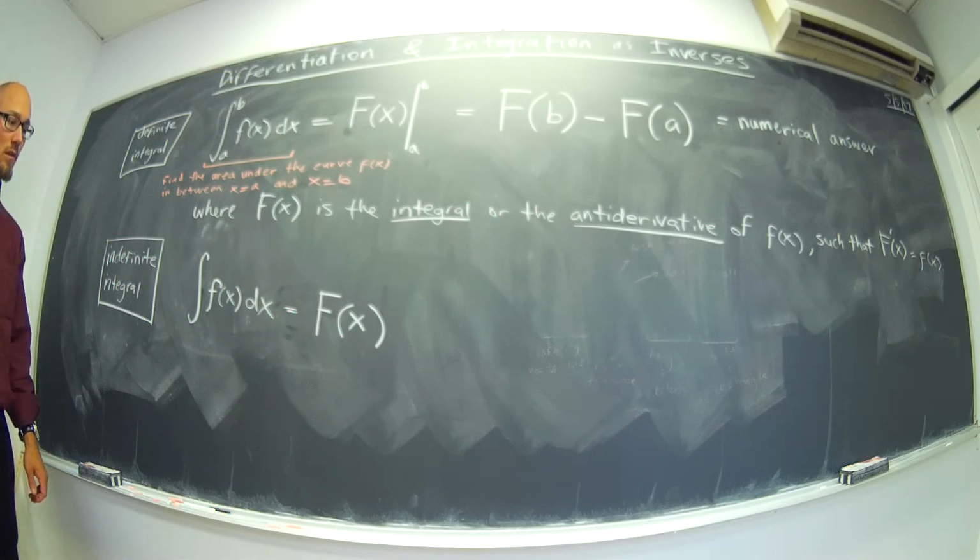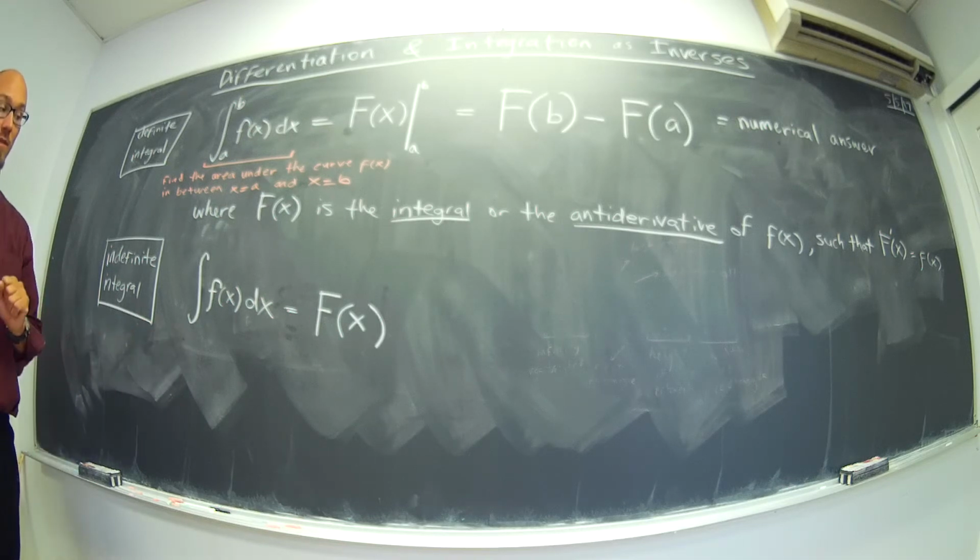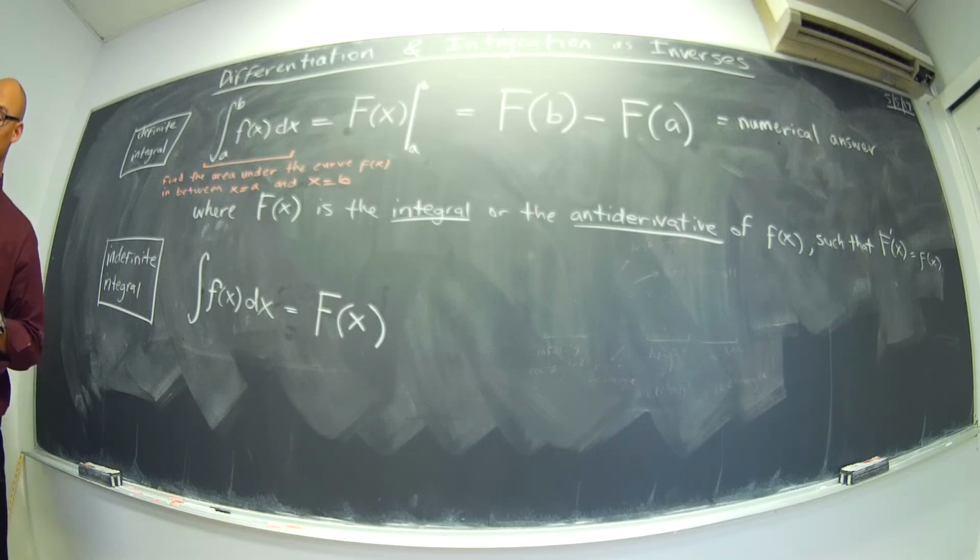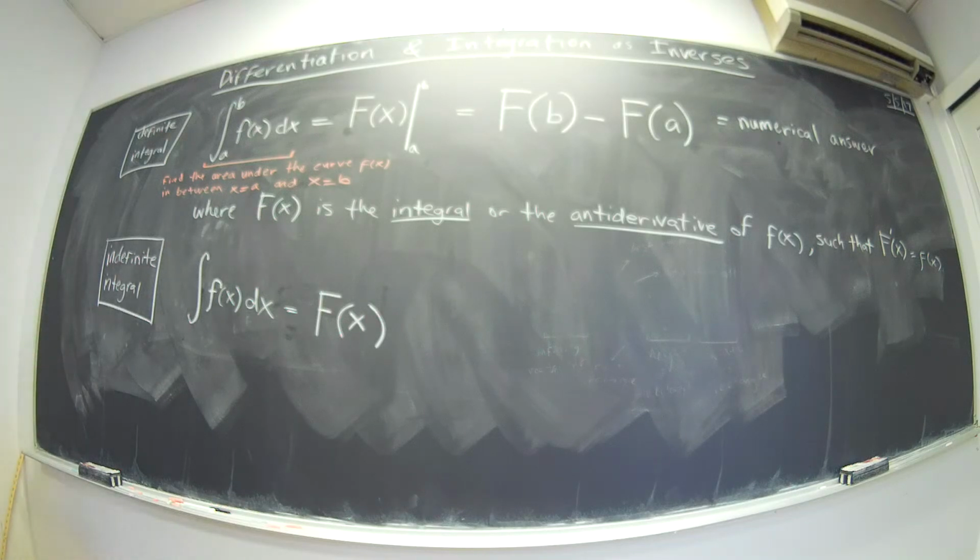Wait, the derivative? No, that's the integral. That's what that means. Gotcha. Like, what's the derivative of x squared? 2x? Yeah. So what's the derivative of x squared at 2?